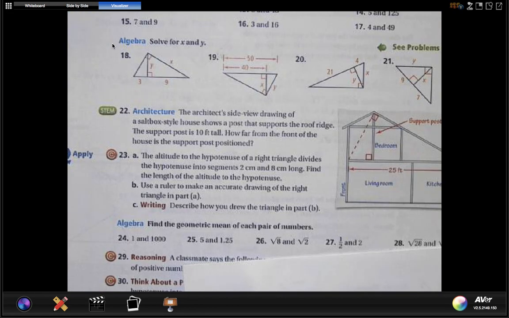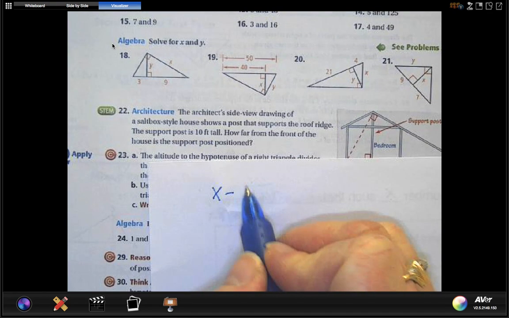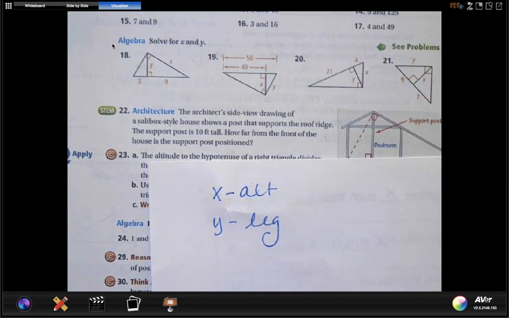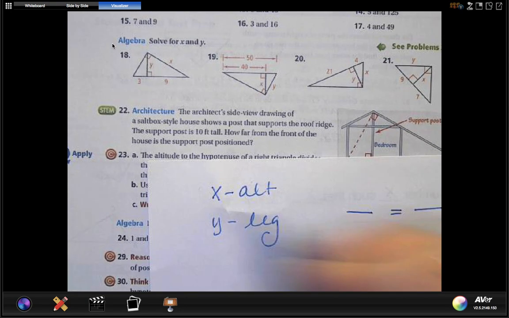Okay, 19. So in 19, x is an altitude, y is a leg. So what I'm trying to do, if I want to do the altitude one first, so remember the altitude, so this is 19.